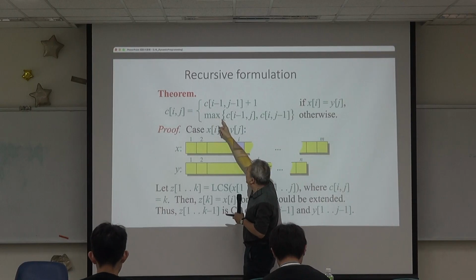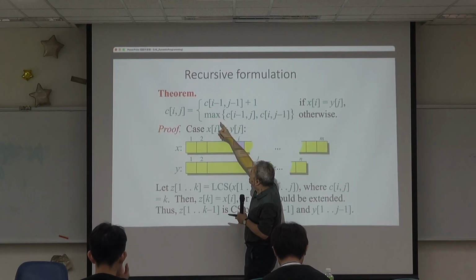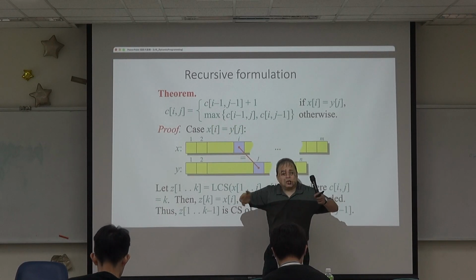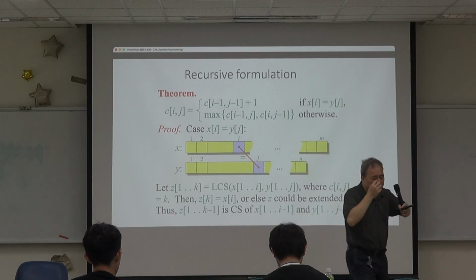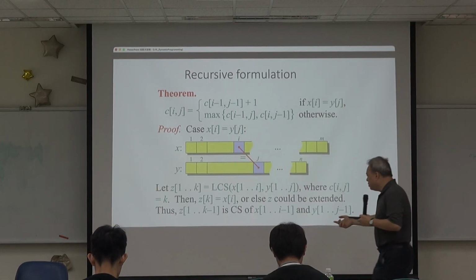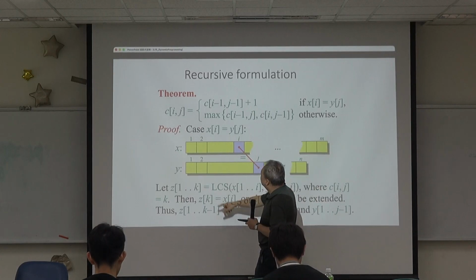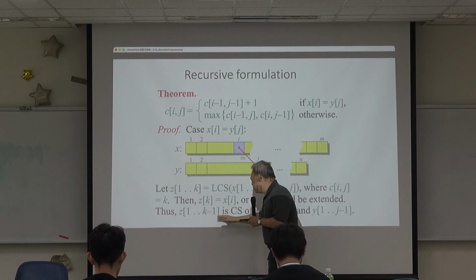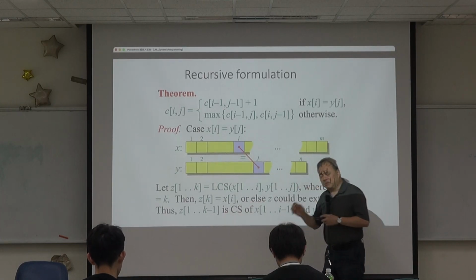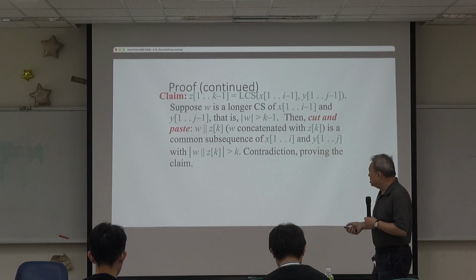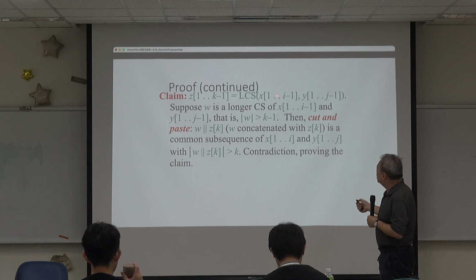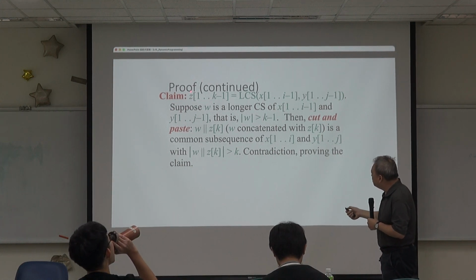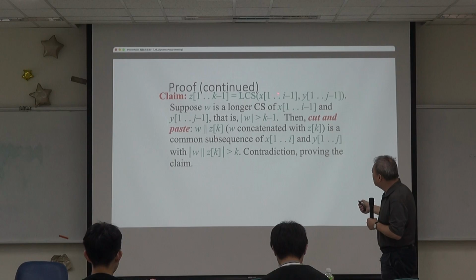Because Ci minus 1, j minus 1, this C means the length of the longest common subsequence. But now we only show that z from 1 to k minus 1 is a common subsequence, but it may not be the longest. So we claim this must be the longest common subsequence of x from 1 to i minus 1 and y from 1 to j minus 1. Why?